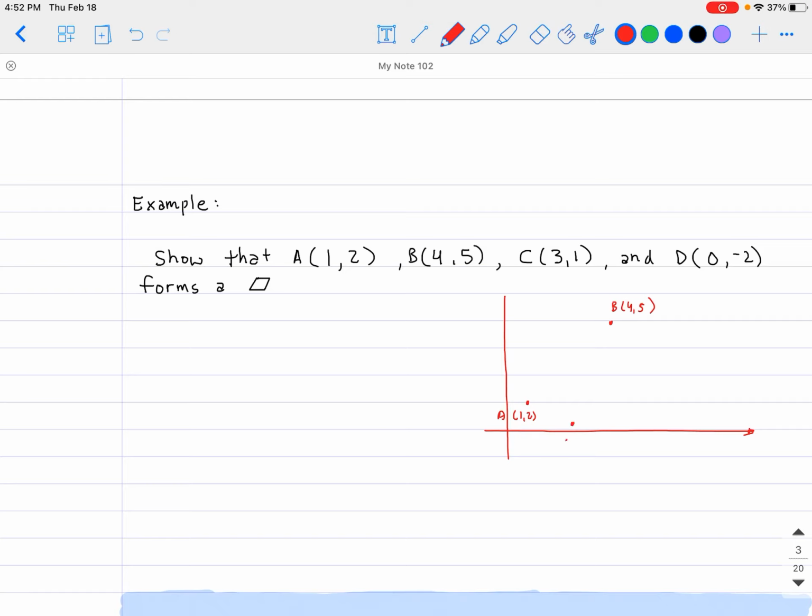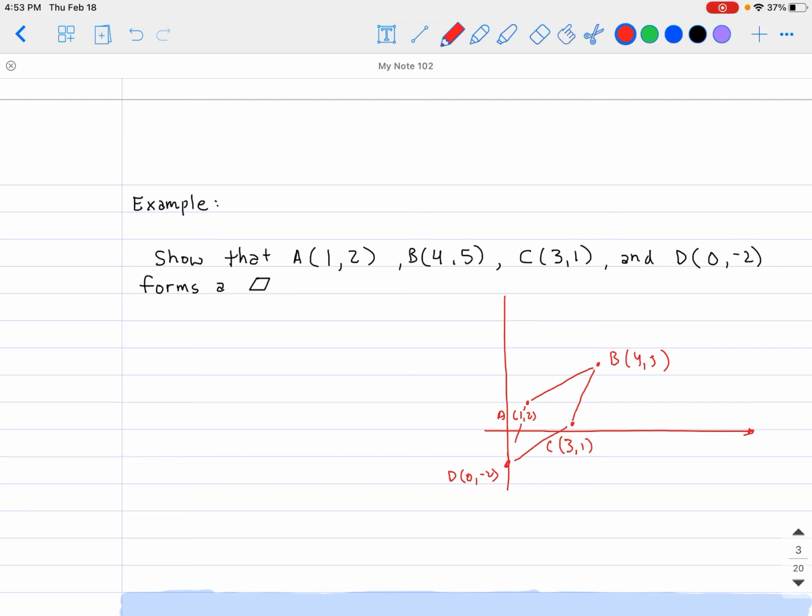And finally D, which is 0, comma negative 2, down here somewhere. My picture doesn't look quite right, so I can draw B a little bit closer. Maybe that'll help. Let me erase that top part. Okay, so here is A, B, C, D.